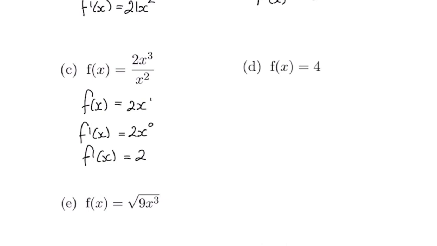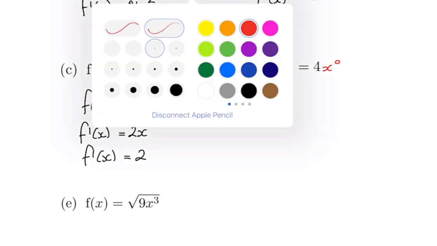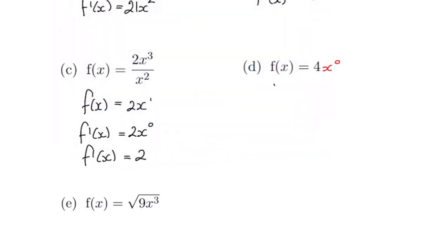So the question is, in part D, what happens to constants? Well, here f of x equals 4. I can't really apply the rule, multiply the power by the coefficient, because I haven't got a power. But what I'm going to do is write x to the power 0. Now remember, x to the power 0 is 1, and therefore that's not changed the term. And then I can apply my rule. So f dash of x equals, multiply the power by the coefficient.